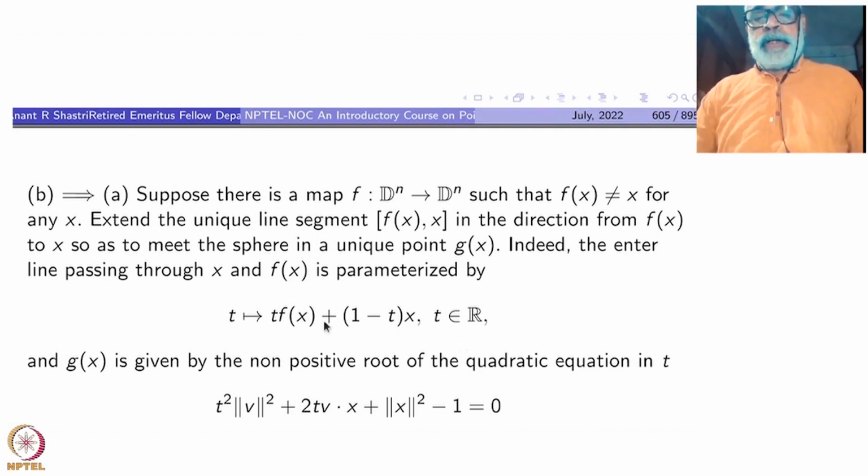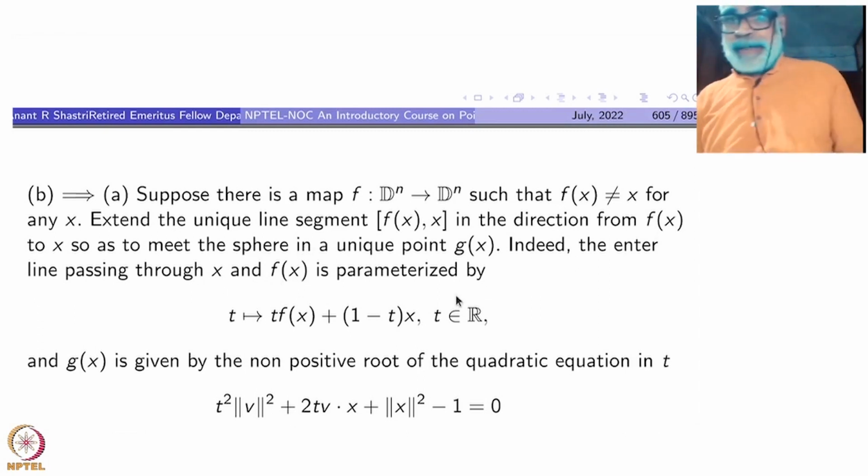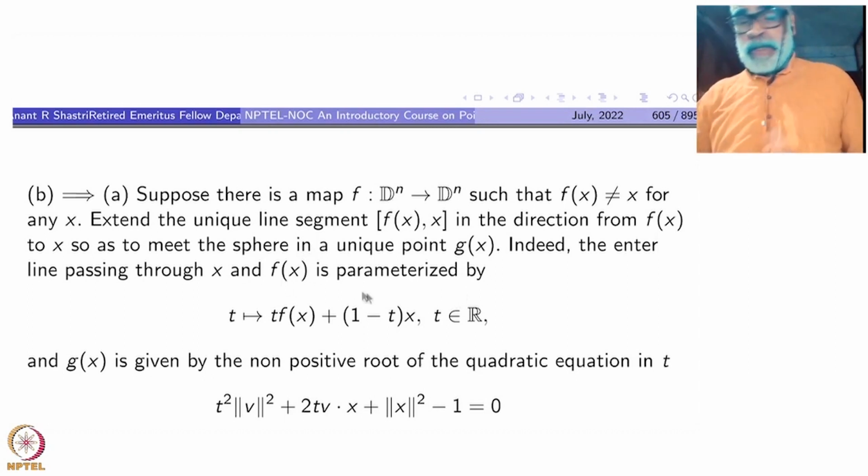So as t ranges over R, they are all points inside this line. Now we want the point on the line and on the sphere, going from fx to x, so it is towards x. Okay, so beyond x, including x.